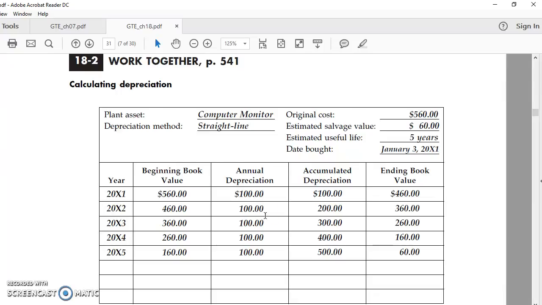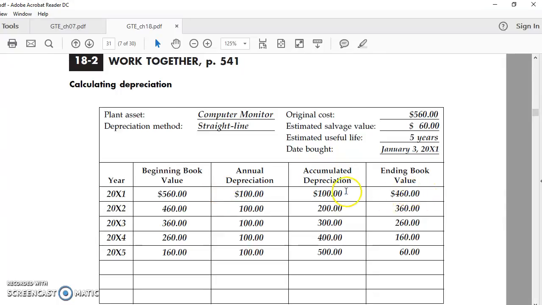So, by starting with $560 book value and subtracting the annual depreciation for that first year, the accumulated depreciation so far is $100, and the ending book value is 560 minus 100 equals 460.